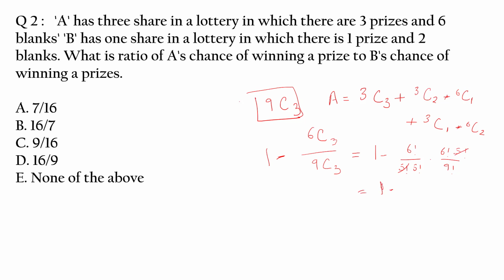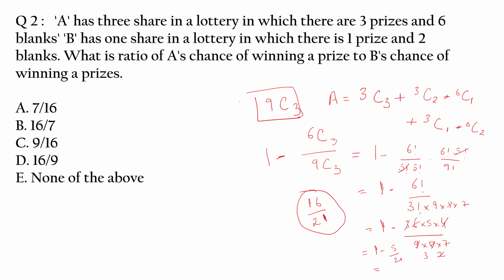This is equal to 1 minus 6 factorial by 3 factorial into 9 into 8 into 7, which is equal to 1 minus 6 into 5 into 4 by 9 into 8 into 7, which is equal to 1 minus 5 by 21, that is 16 by 21. This is the probability of A winning.